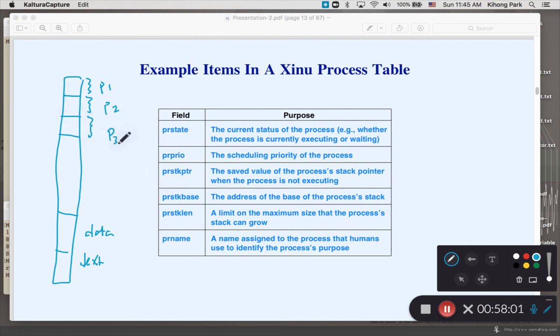Base means, if we're talking about process P3's entry in the process table, its PCB, then this base means its starting address, and the length means its size. And you know from the create system call that one of the arguments is the stack size. That's this length. That's what this thing says. Name is a string to refer to a process. We don't use it in what we're going to discuss.